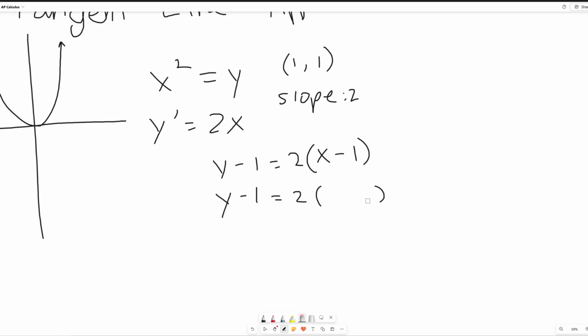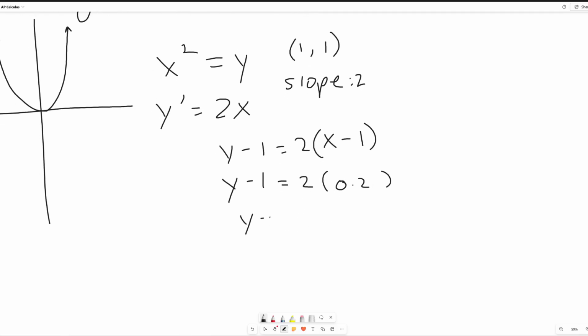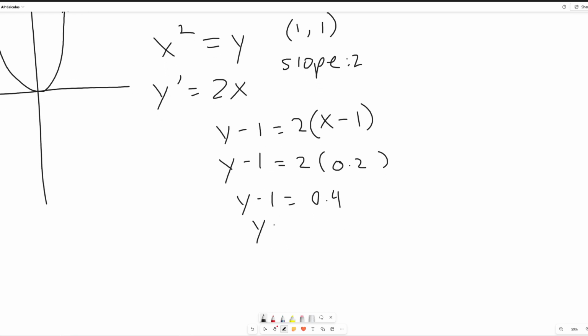So I can erase this, just put 0.2. This still gets you full credit on the AP. And 2 times 0.2 is 0.4. So 2 times 0.2, I'm going to write it as 0.4. And now we just move this 1 to the other side by adding 1 to both sides. And now y equals 1.4.